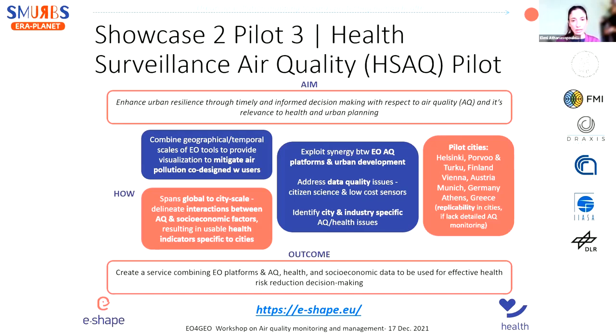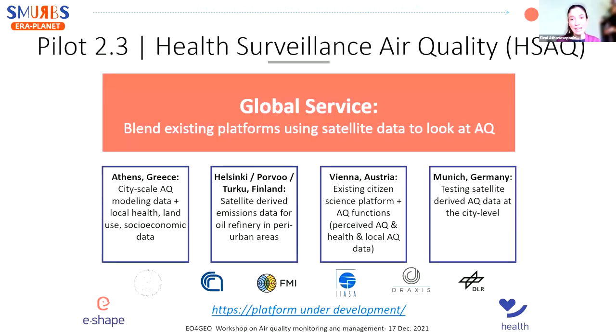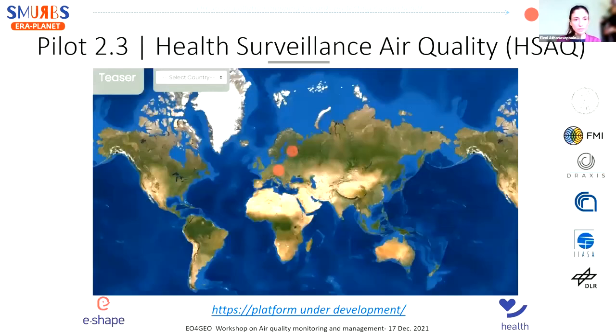The outcome is a platform which is now under development that will be a global service, in the sense that it will cover globally a lot of cities with relevant information, as well as the cities that you see here in the vertical, that have different targets and interests. The platform is, as I said, under development, but I can show you how it stands at the moment.